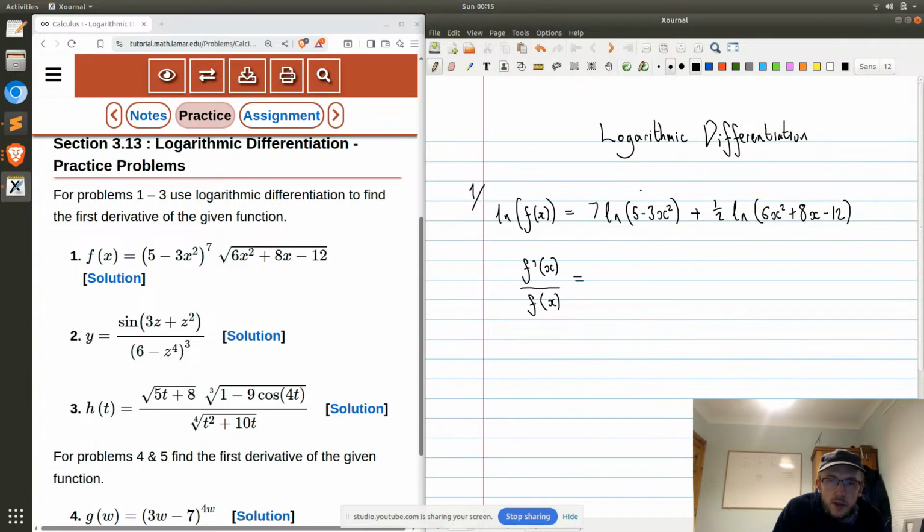Okay, now for this lot here. So it really is just 7 times the derivative of the inside over the inside. So that's minus 6x. So that would be minus 42. There.